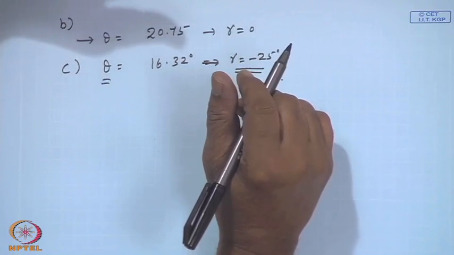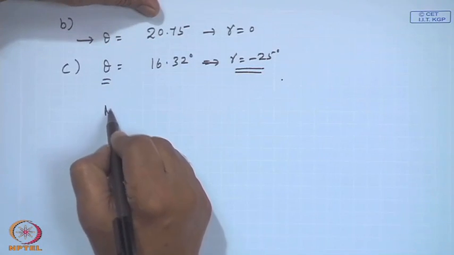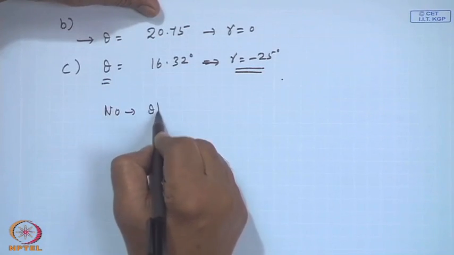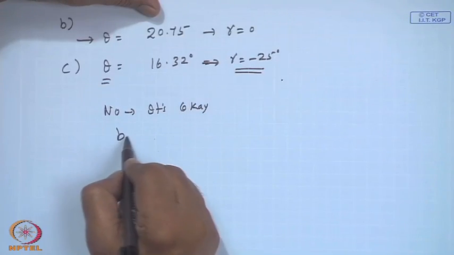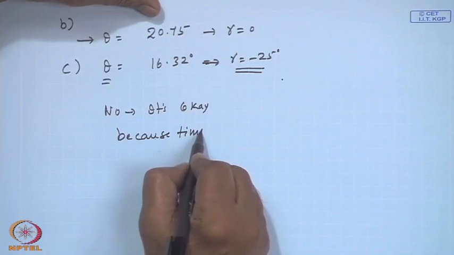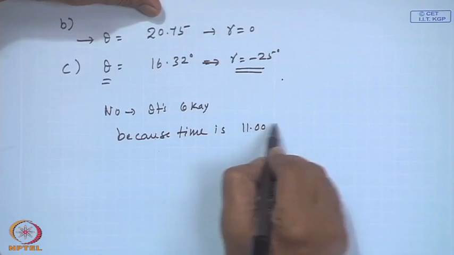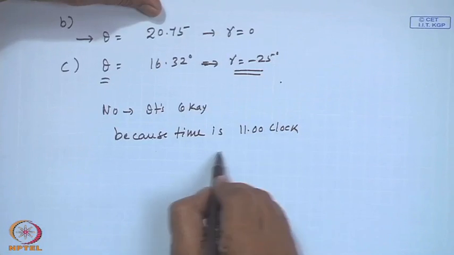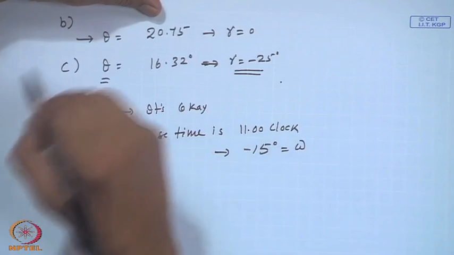Is it baffling? No, it is okay, because the time is 11 o'clock, minus 15 degrees is omega.